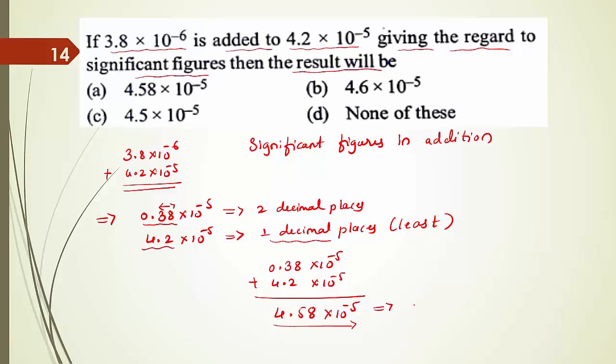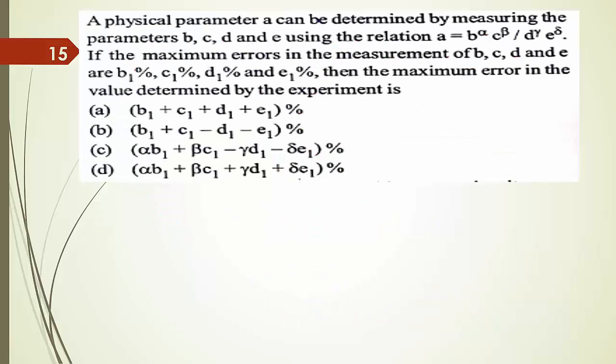So we can write it as: 4.58, the last digit 8 is greater than 5. So the previous number is increased by 1. Instead of 4.58, we can write 4.6 into 10 raised to minus 5. So this is the final answer. 4.6 into 10 raised to minus 5 means option B is right.